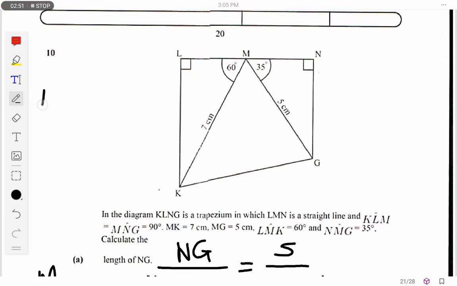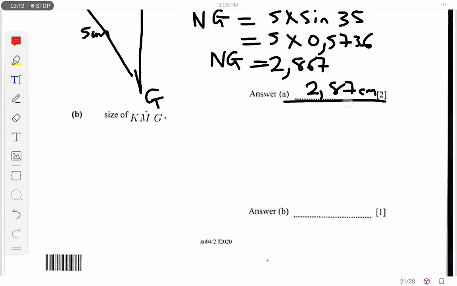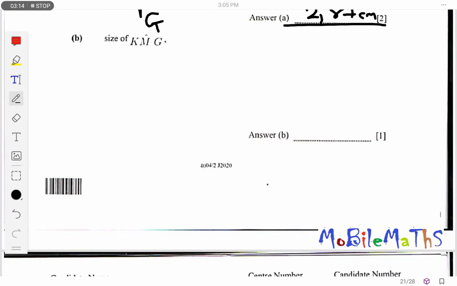So we are going to say 180 degrees minus 60 degrees minus 35 degrees is equal to angle M there. Okay. So when you subtract there, you get your angle M as 85 degrees there. Okay. So that's our angle of KMG. Let's move on to the next question. So we said here it's 85 degrees.